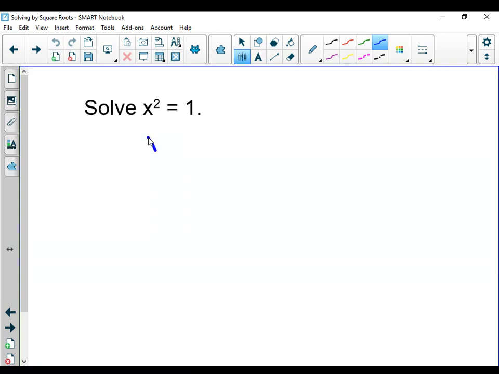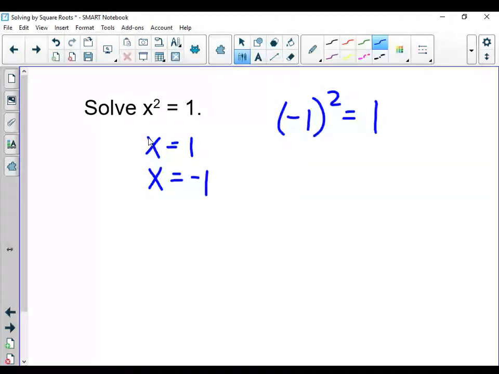Okay. Does it equal anything else? -1. Because -1 squared, -1 times -1 is +1. So that's me not even teaching you anything. That is just strictly, hey, I think I can figure this out without doing any other type of math.